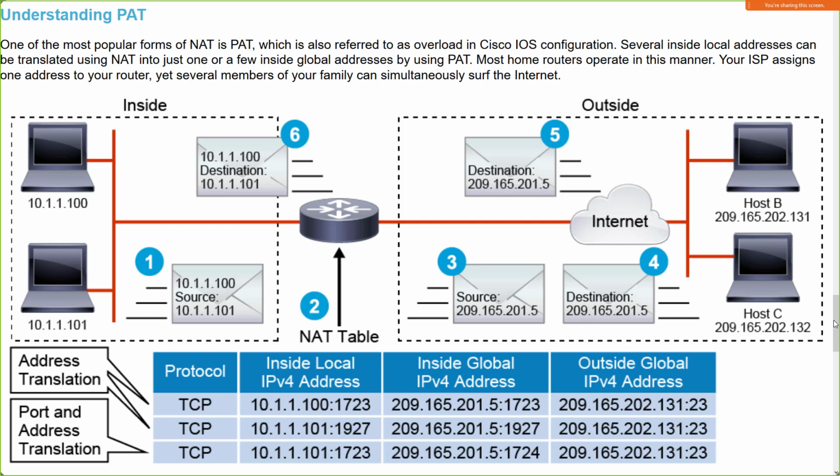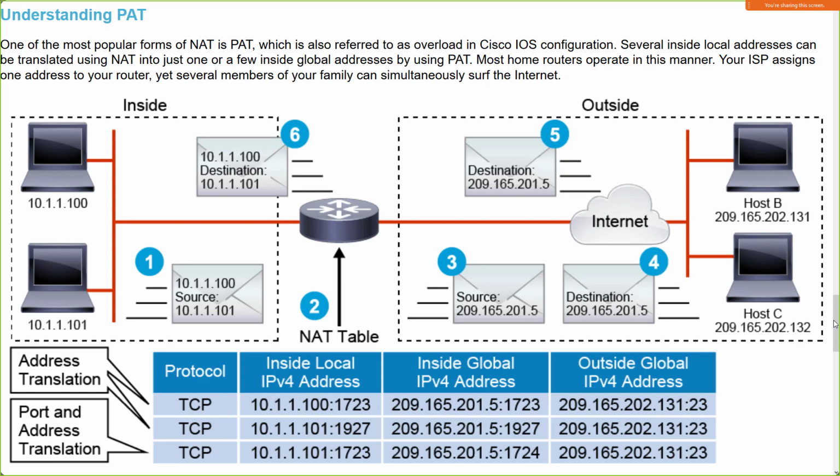Then the next client establishes a session, 10.1.1.101, port 1927 as the ephemeral port, and again, the port did not get translated. As long as the ports are unique within the database, the ports don't get translated. Does that make sense? So far, the two flows that have been established have unique ports, so there's no translation taking place.